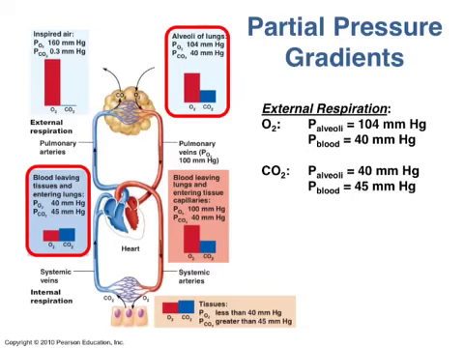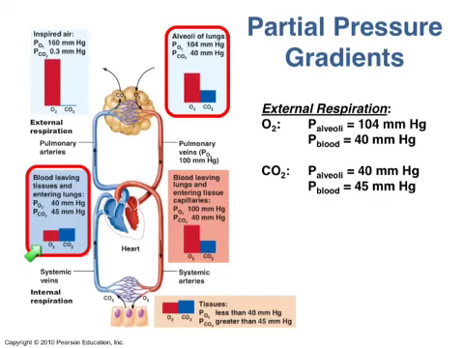So the last thing we need to understand in order to get what's happening during internal and external respiration is the differences in partial pressure gradients at the lungs and at the tissues. For external respiration, we're interested in the partial pressures in the alveolar air in the lungs, and in the blood that's going into the lungs, the blood in those capillary beds.